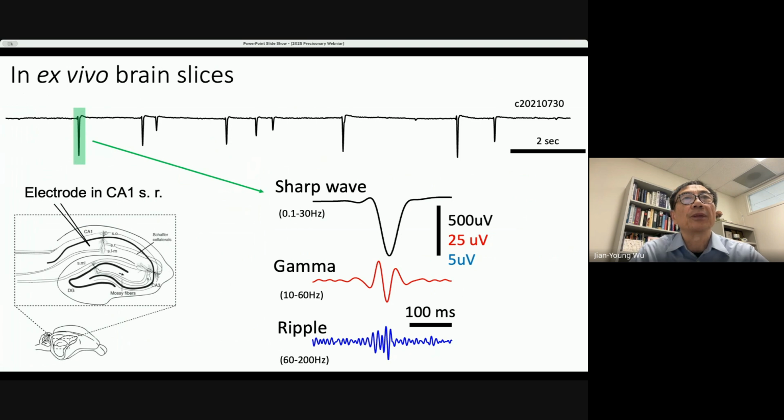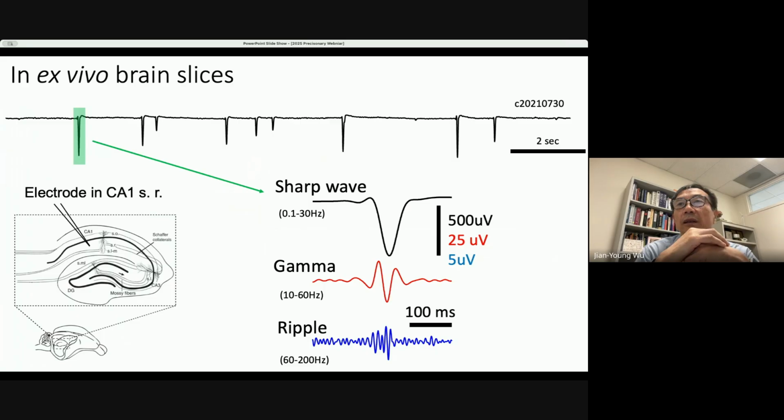If you digest the signal, like I digested one sharp wave in the field potential, labeled by this green shadow, and filter at 0.1 to 30 hertz, you only see the local field potential, or local EEG, amplitude, pretty large, in this example about 500 microvolts, half a millivolt.